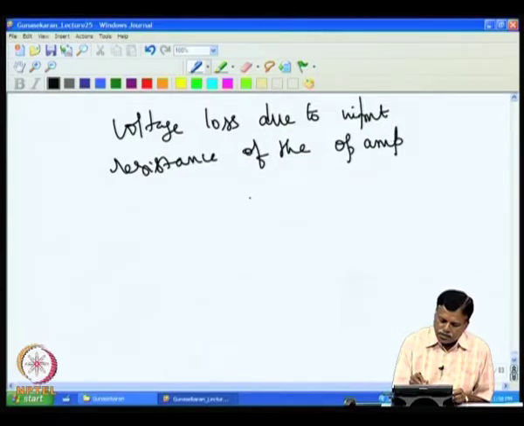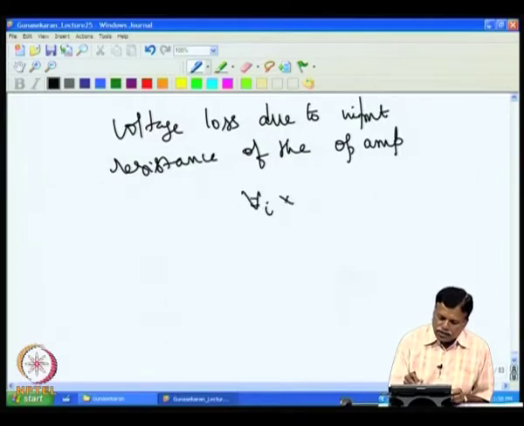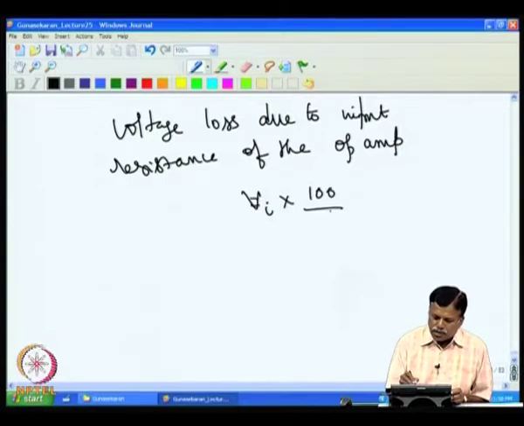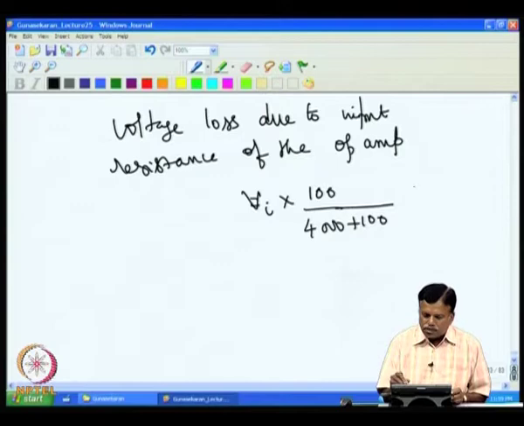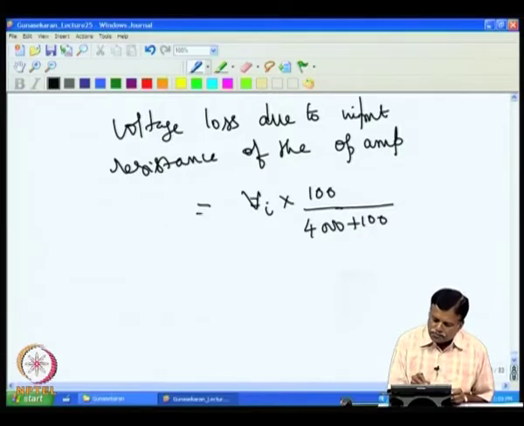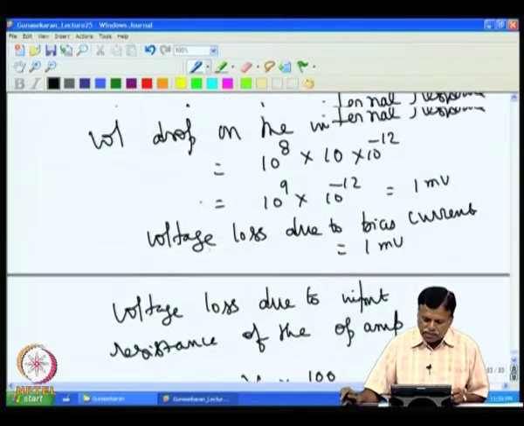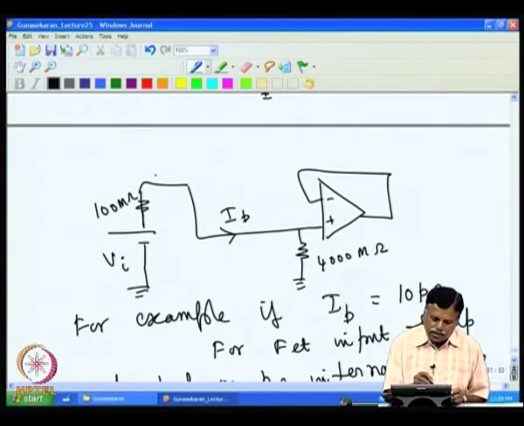That is actually VI into the voltage across the 100 megohm in case of 4000 megohm. So, that is the voltage across 100 megohm, because the VI is shared between this 100 megohm and this 4000 megohm.